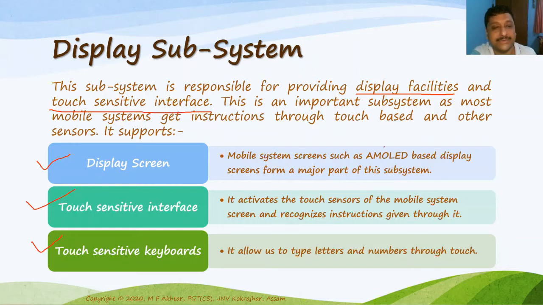Now, the touch sensitive interface activates the touch sensor of the mobile system screen, so that instructions given through it can be recognized.